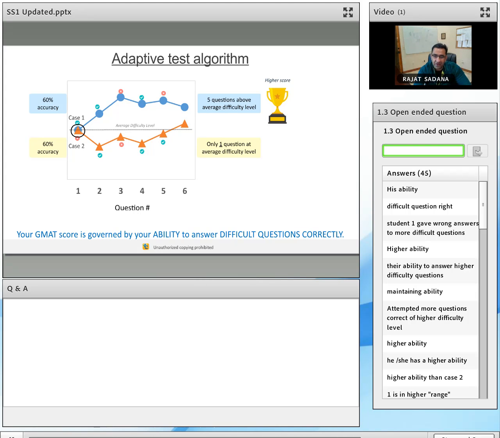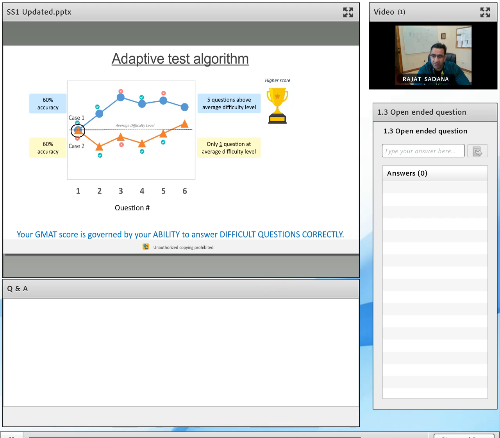Now, can you guys tell me, when it comes to easy versus difficult questions, what's the ratio of the number of points you get for an easy versus a difficult question? How many more points? Okay.